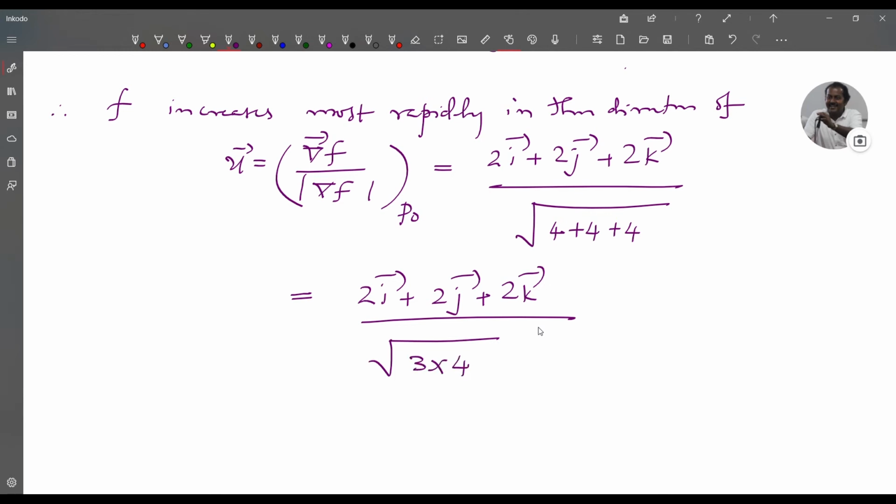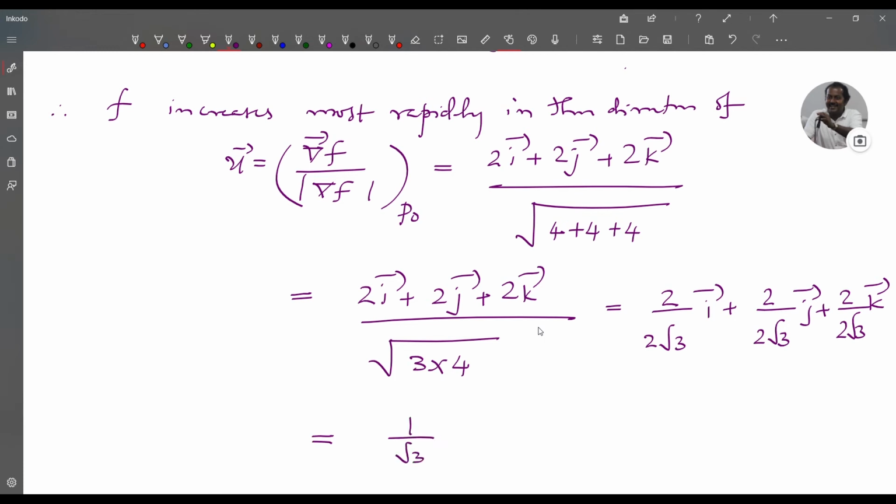So this is 2 by 2 root 3 i plus 2 by 2 root 3 j plus 2 by 2 root 3 k. So this is equal to 1 by root 3 i plus 1 by root 3 j plus 1 by root 3 k.